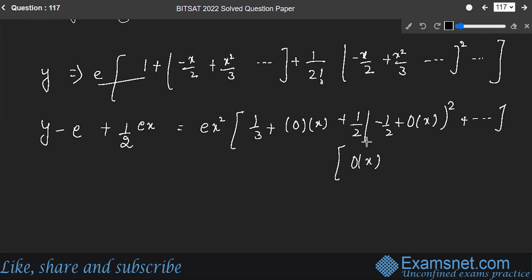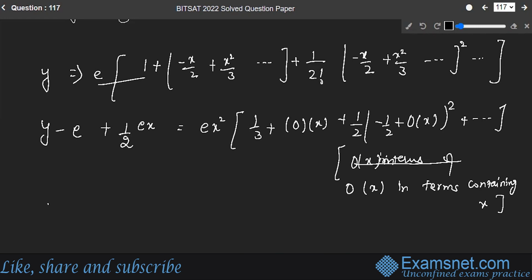See, 0 into x in terms containing only x. Okay, so containing x, this will be 0.